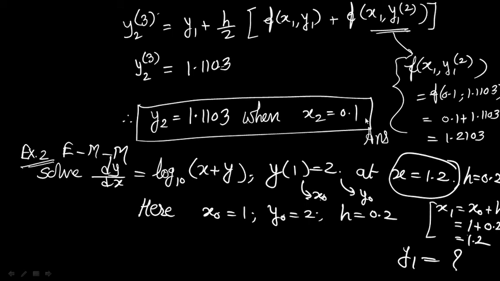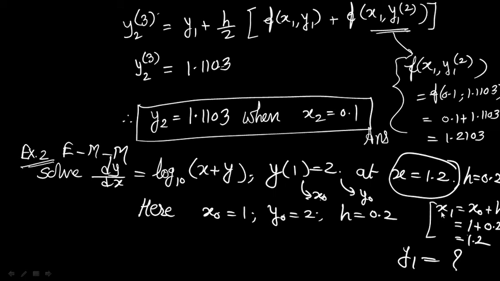In this way we find the values of y when x equals any given value. If a differential equation is given, then we easily apply Euler's modified method. These are the examples. Here dy by dx equal to this function of x, y, and here x0 equal to 1, y0 equal to 2 and x equal to 1.2, h equal to 0.2.